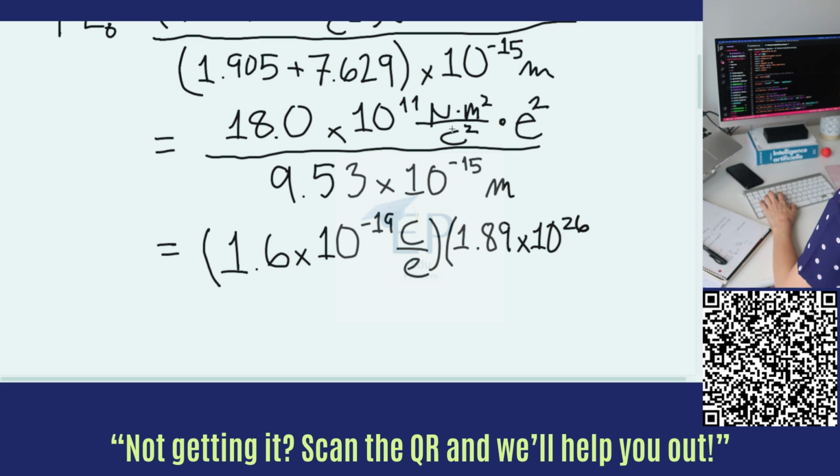And these turn out to be volts over Coulomb times our amount of electron charge.